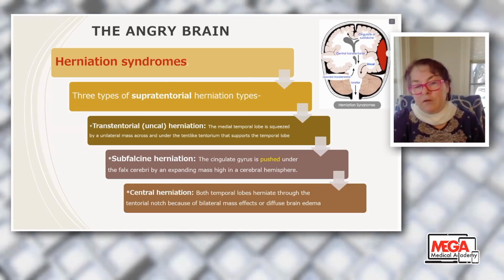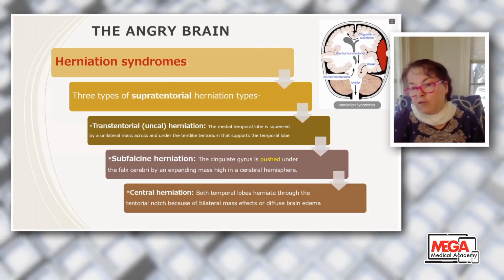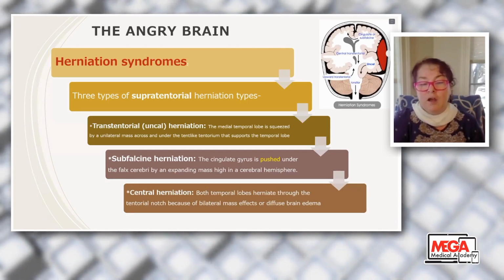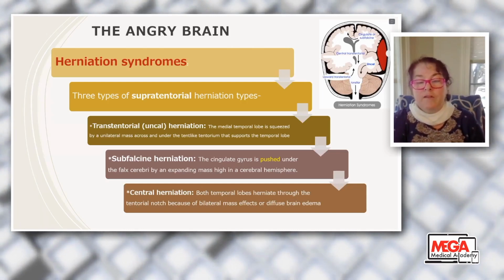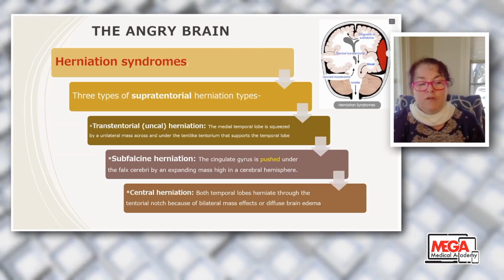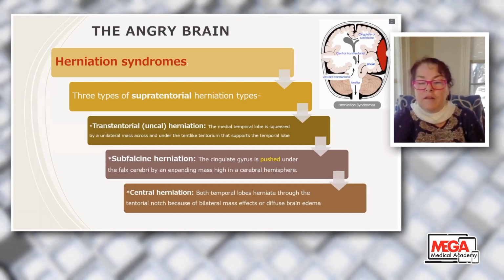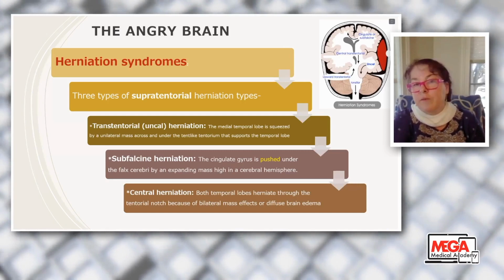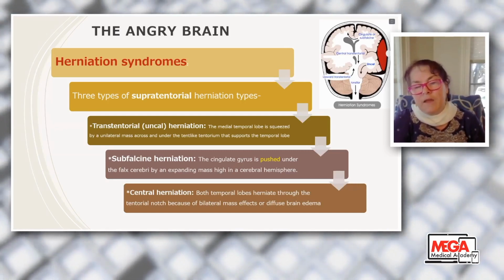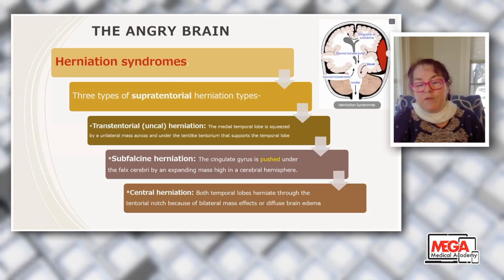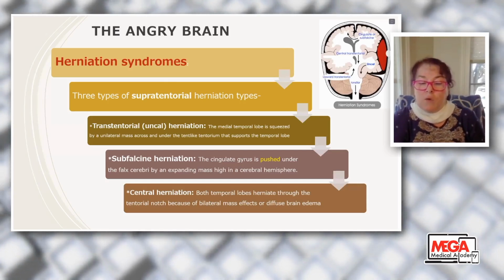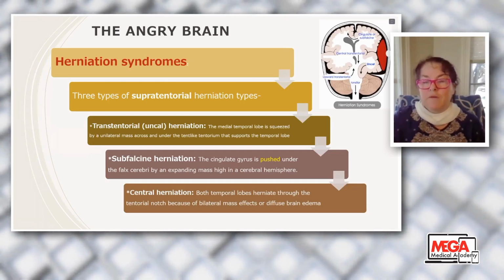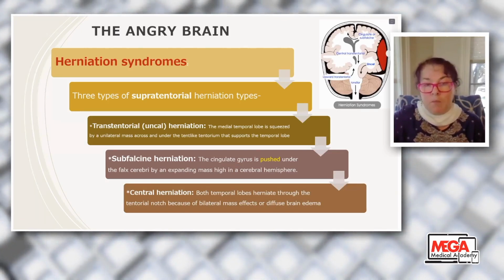The most common, or the one I always think of, is the uncal herniation, when the medial temporal lobe is squeezed by a unilateral mass across and under the tent-like tentorium that supports the temporal lobe. In subfalcine herniation, the cingulate gyrus is pushed under the falx cerebri by an expanding mass high in the cerebral hemisphere. And then you can also have central herniation. Both temporal lobes herniate through the tentorial notch because of bilateral mass effect or some sort of diffuse edema of the brain. These are all bad. These are all emergencies.